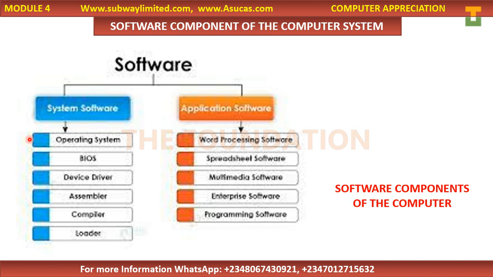And when we say application software, we have the basic applications that we use to solve our daily problems, our daily needs, like your word processing software, Microsoft Spreadsheet, Corel Draw, Photoshop, and other applications.